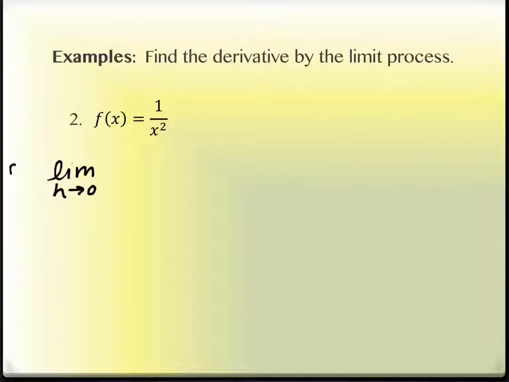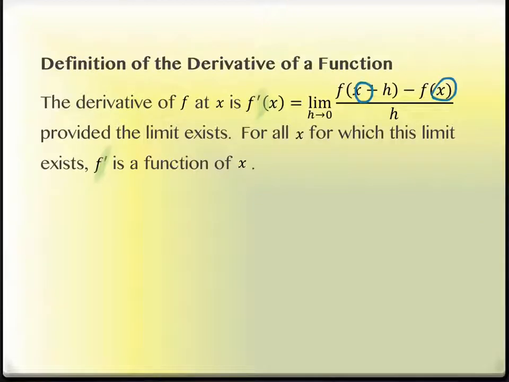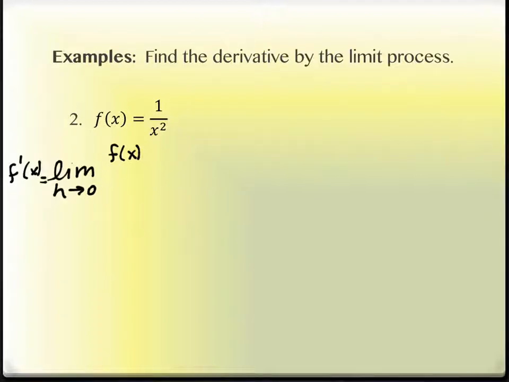If you wish, you can actually give this a name. This is going to be f prime when I'm done. I didn't have that notation before to write down, so I could write it here if you wish. Okay, so what the definition of derivative on the previous slide said is I need to do f of x plus h minus f of x over h. So I'm just going to write that in.